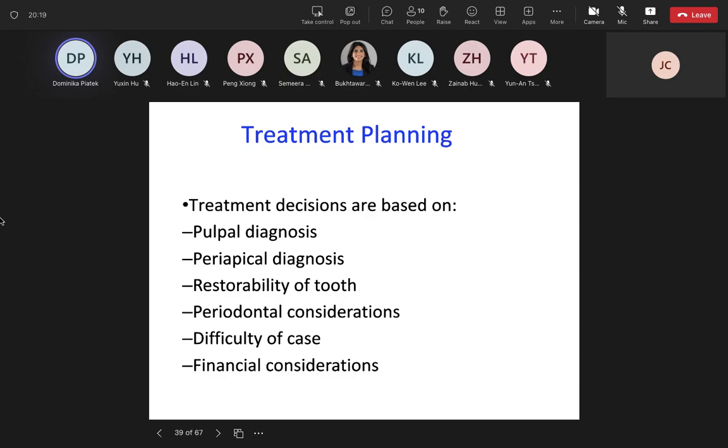So it will be different for the patient. Of course, we have to look at the cost, but also at whether this tooth will work properly in the patient's oral cavity after that restoration, or if it will be only for aesthetics.